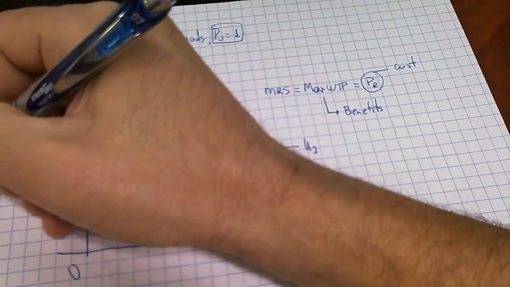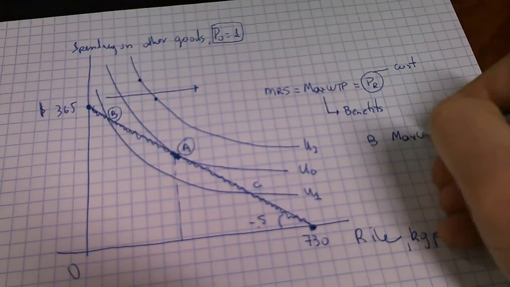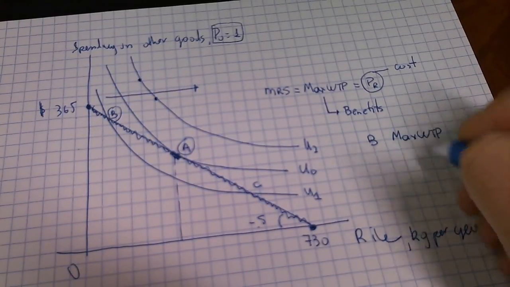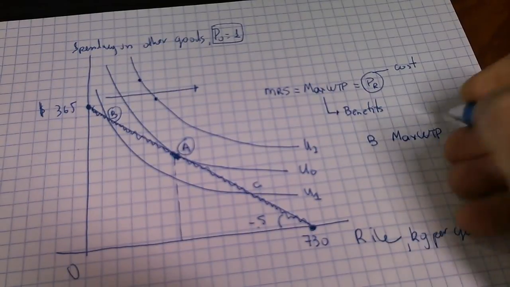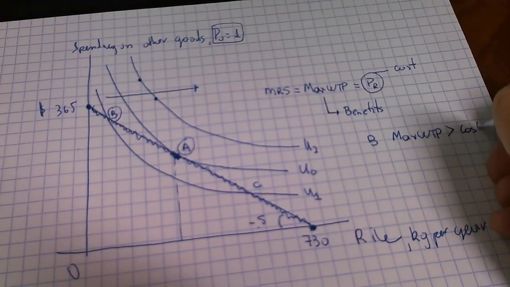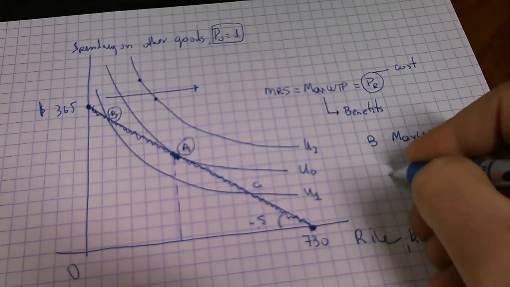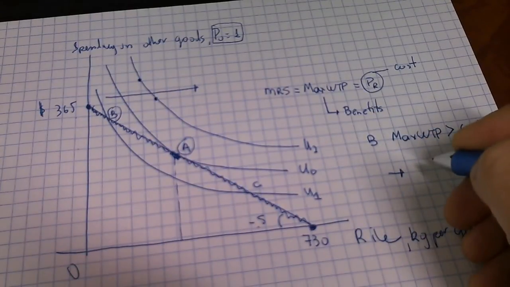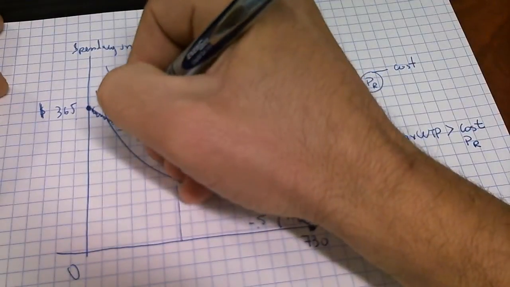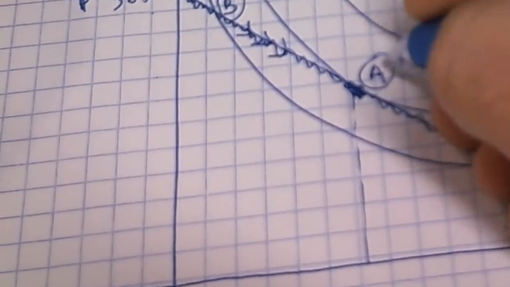So at B, the additional benefit from an extra unit of rice is greater than the price of rice. He says, I'll be better off increasing rice and reducing my spending on other goods. So I move along this path, towards the optimum A.